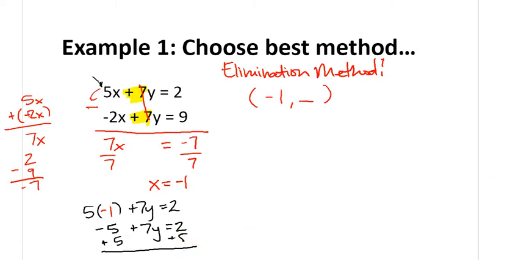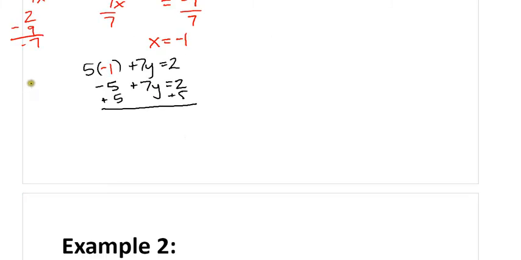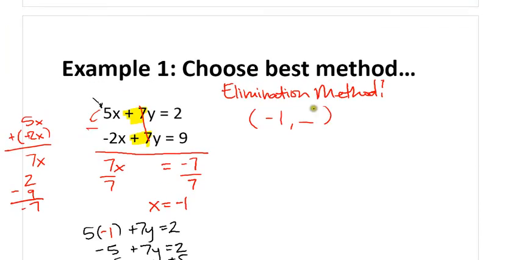I need a little bit more space. And I have 7y is equal to 7. Divide both sides by 7. Lots of 7's here. Y is equal to 1. So I think here x was equal to negative 1 and y is equal to 1.